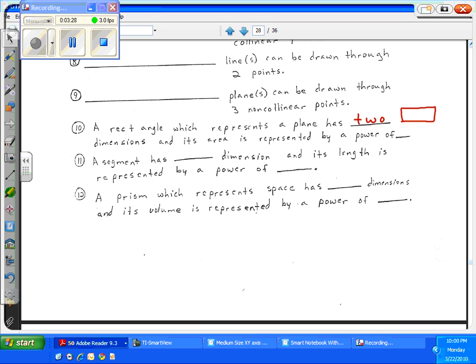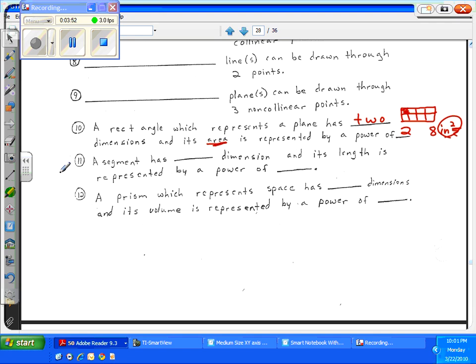And its area, like if it was 2 units by 4 units, we would say that its area is 8 square inches maybe. And so the area is represented by a power of 2 square units, you see.